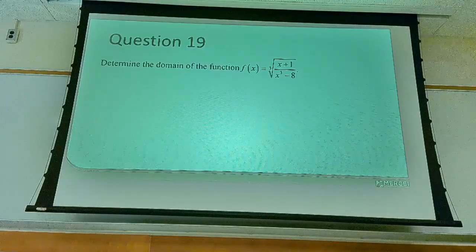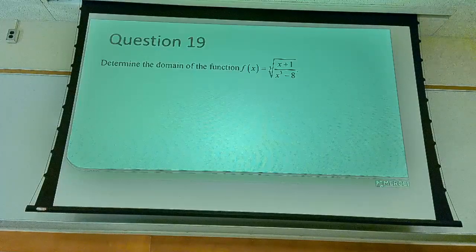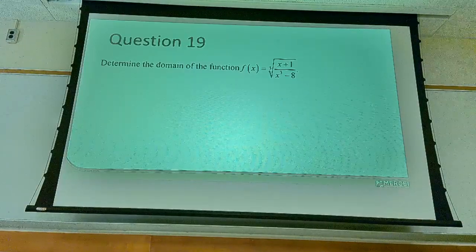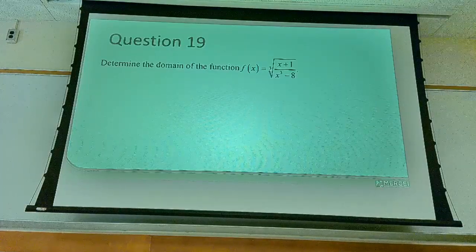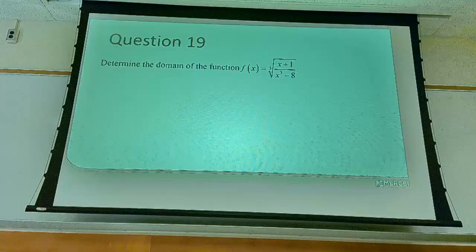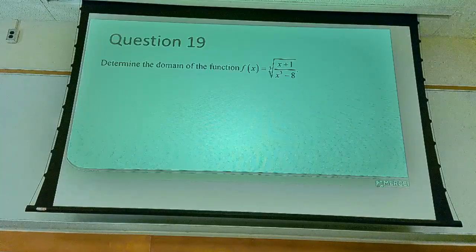Now examine the denominator. What's the denominator? x cubed minus 8. That's why I ask. It's ultimately going to work out that we're going to look at the x cubed minus 8, but that's not what's actually in the denominator.